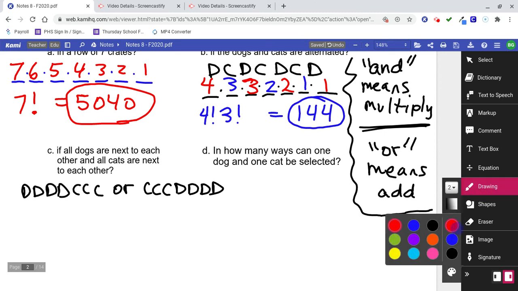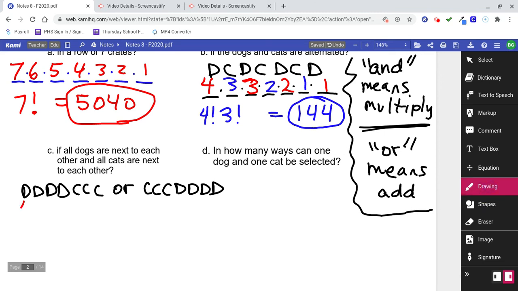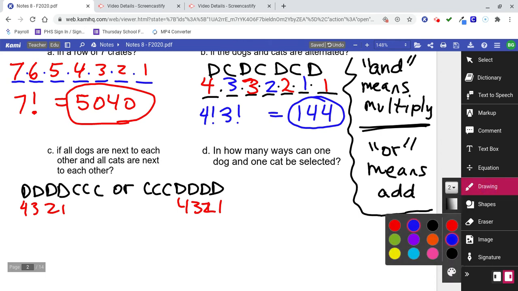So once we start solving this out, you can look at a factorial here and a factorial here. It's really going to be very similar because we've got a 4 factorial and a 3 factorial, which we just did up in the last problem. 4 factorial times 3 factorial was 144, right? 144.